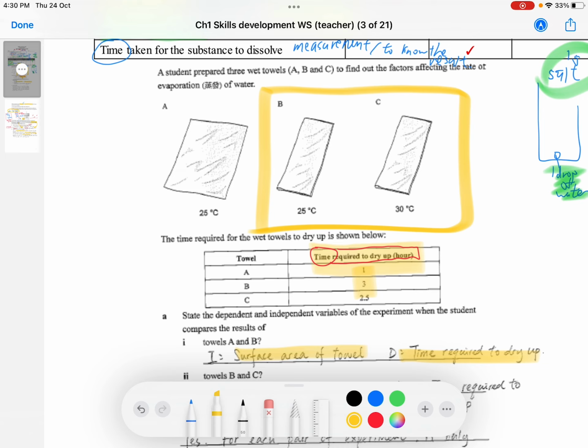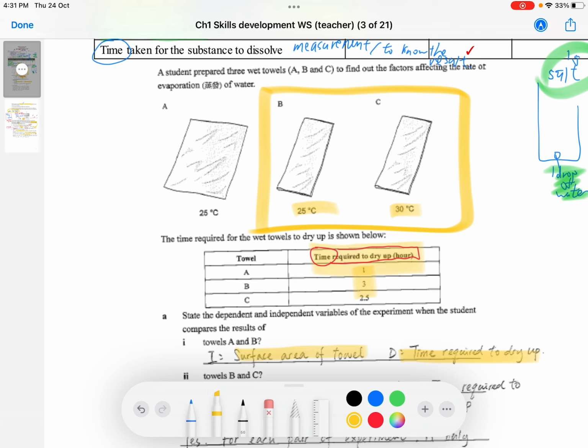Okay, the temperature is the only difference. Then I will say that from this experiment, what I can know is the effect of temperature. 究竟高溫嘅手巾定係低溫嘅手巾？我哋研究嘅對象嚟嘅 our target to study, the towel with high temperature and the towel with low temperature is our target to study.